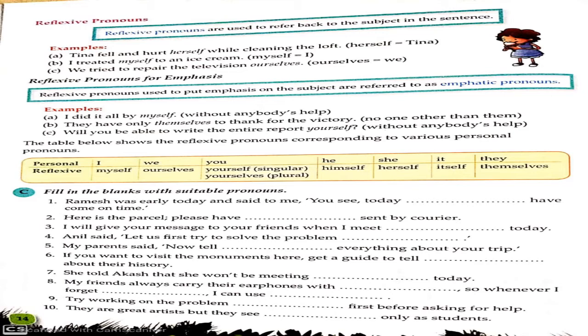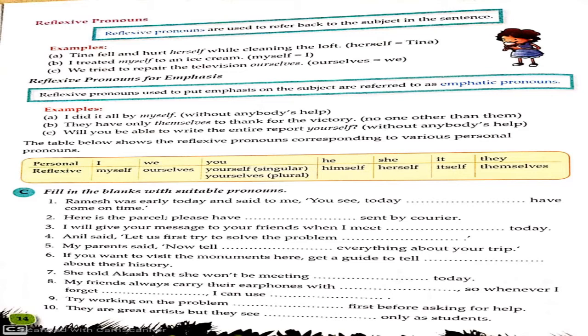That would be the case if it is singular over there, but here it is plural. I will give your message to your friends when I meet them today. That will be the answer. Once again I repeat, I will give your message to your friends when I meet them today.